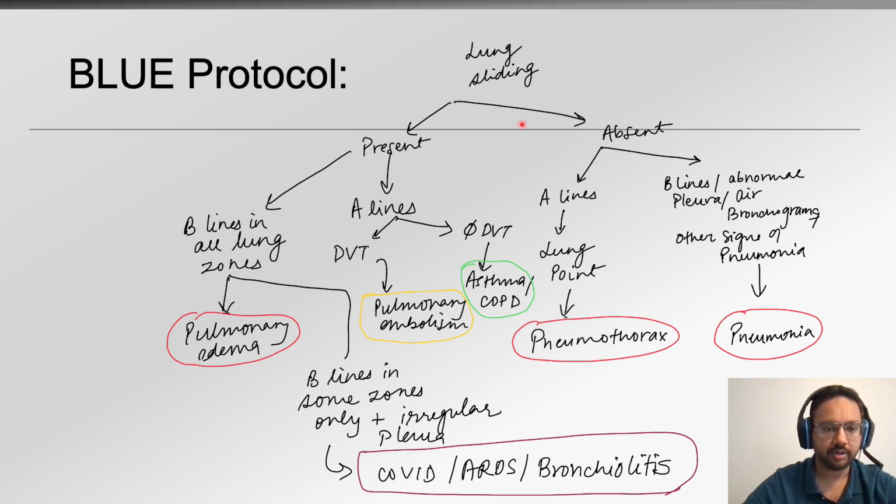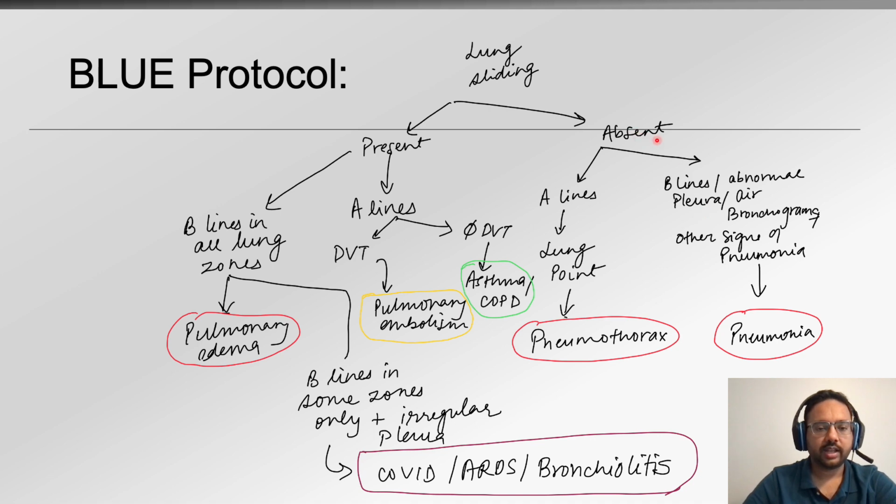Then I start from the top: does the patient have lung sliding? If the lung sliding is absent, I look for what else I see on the ultrasound. If all I see are A lines, I next try to look for a lung point. When I find one, it is suspicious for a pneumothorax.